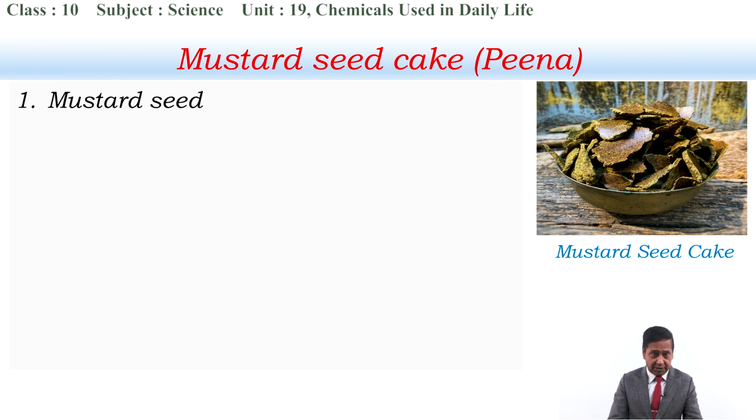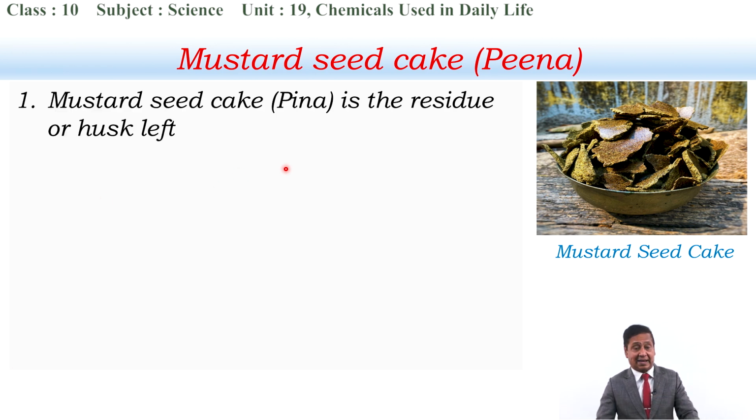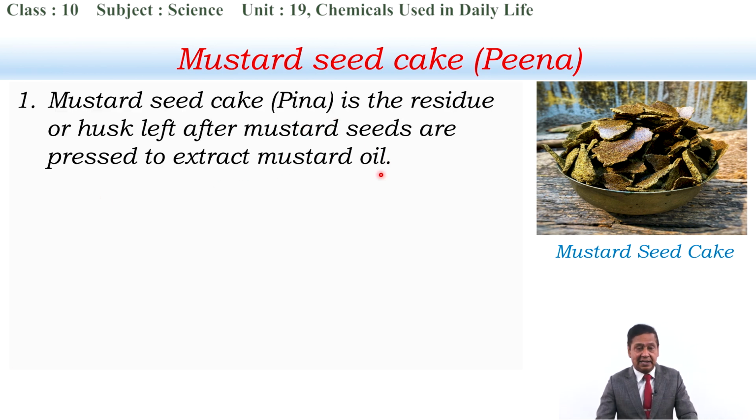Let's have the information. The mustard seed cake, which is called pina in Nepali, is the residue or husk left after mustard seeds are pressed to extract mustard oil. This oil is used for cooking vegetables, and the residue which is left behind can be used as a cleaning agent.